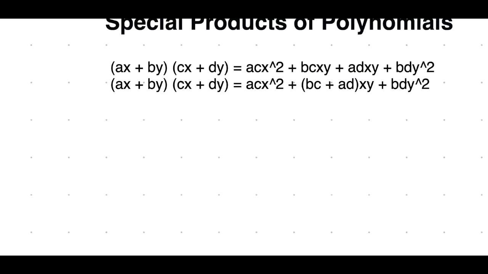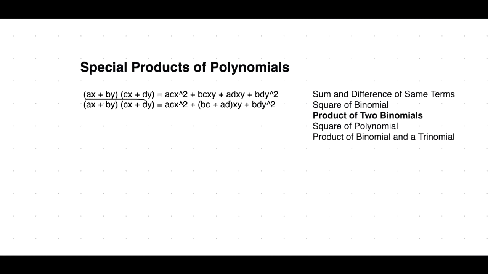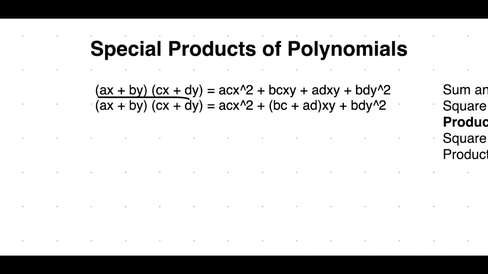Again, these are very similar to how we expanded the brackets for sum and difference of same terms and square binomial. So I'm not going to bother rewriting this. I'm sure you understand by now that we would multiply ax by this entire bracket, and we would add and multiply by by this entire bracket.